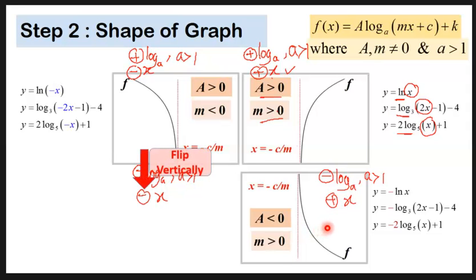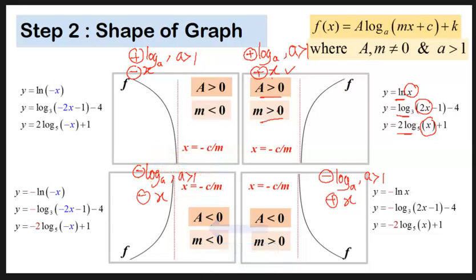If I consider from the graph on the right, from minus log plus x changing to minus log minus x, I need to consider it flipped horizontally, and as a result, this is the shape of the graph that I should have.